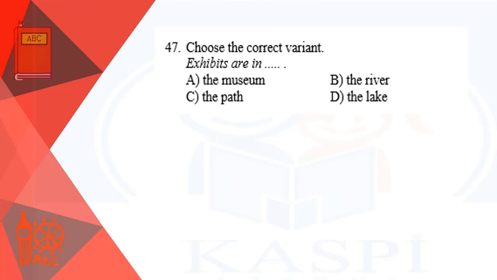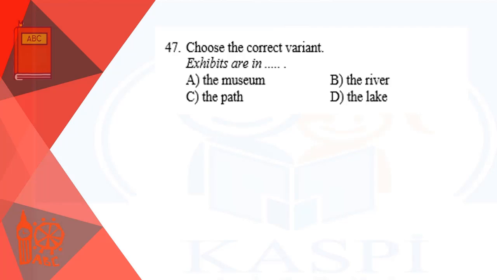Here, guys, you have to complete the sentence. Exhibits are in. First, we have to know what is an exhibit. As you learned, exhibits are things in the museum.